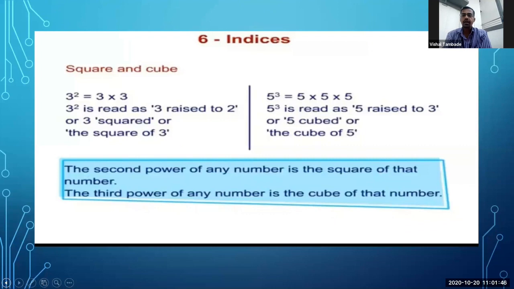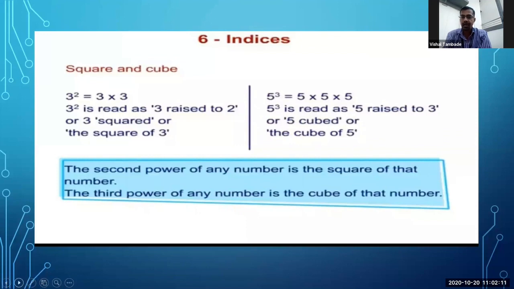The square and cube. 3 raised to the power 2. Here, how do you write it in multiplication form? 3 multiplied by 3. 3 square is read as 3 raised to the 2. In the previous period, we studied reading indices. We also read it like 3 square or the square of 3.